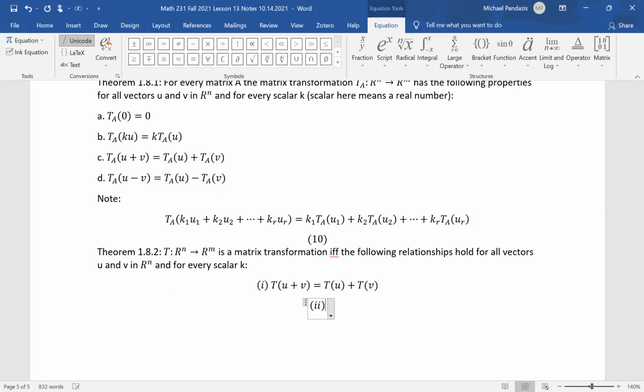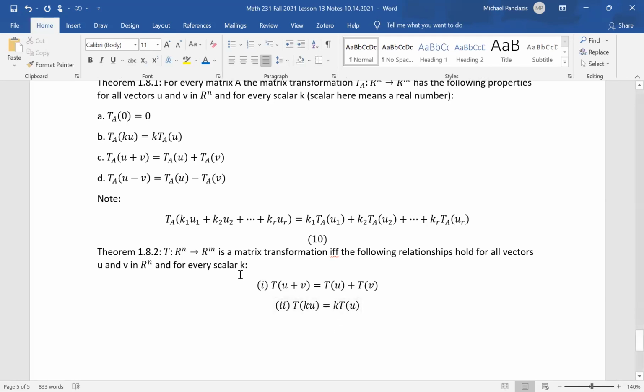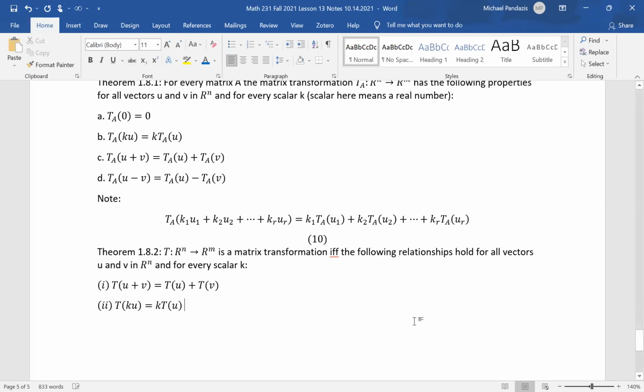Property two is that T of ku is equal to k times T of u. Okay, this is called the additive property. This is called the homogeneity property.